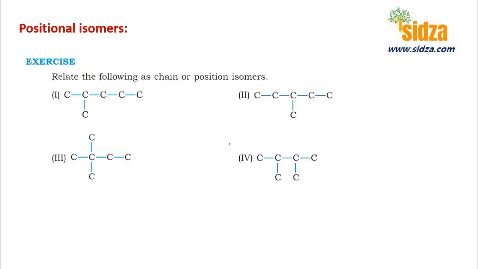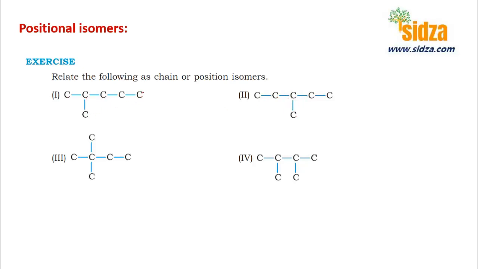Now let's try to find the relation between the different structures over here. If you see here, in all the 4 cases, the total number of carbon atoms is the same. That's 6. What about the first and the second? You have 5 carbon atoms in the chain here, and here also 5 carbon atoms, and you have 1 methyl group here.